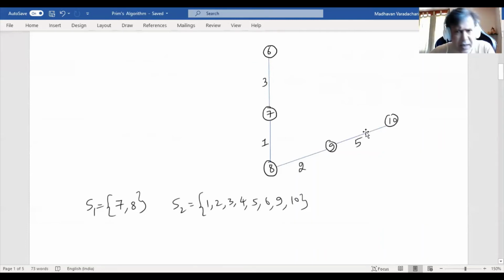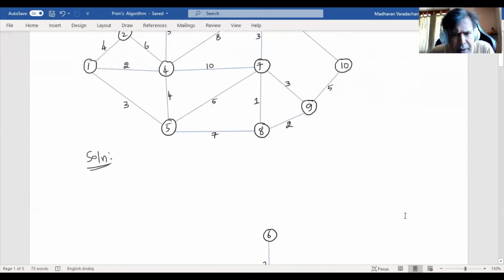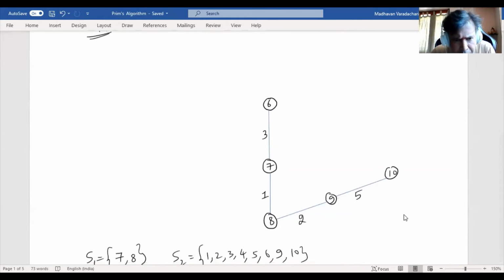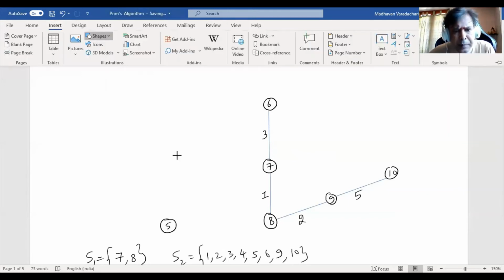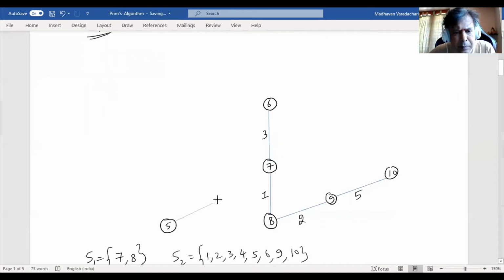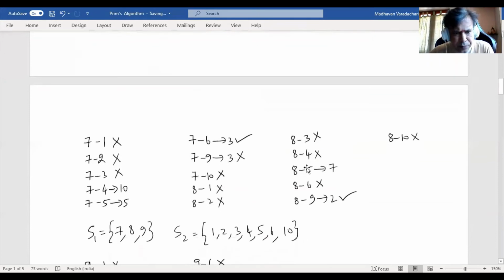So let me draw 5 the same way, call it 5 and join this 7 and 5. And we know this distance is 5. So we already marked 7 to 5. Let me put a tick there.